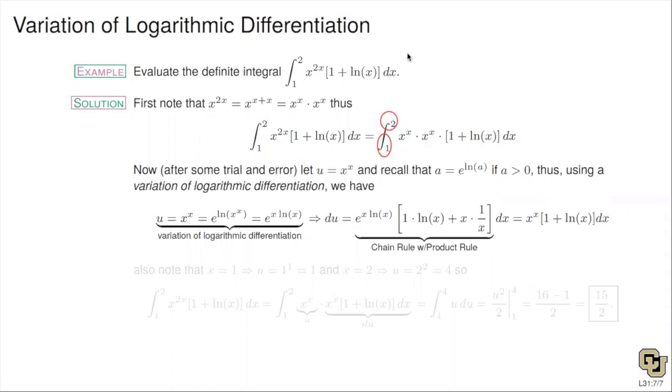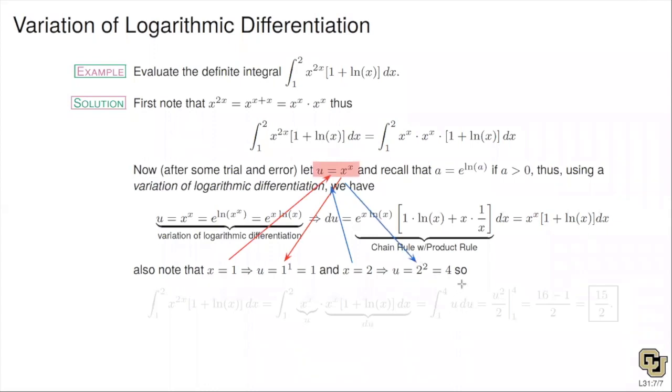These are in the x variable, we want them in the u variable. So using the substitution u equals x to the x, I can plug in x equals 1 and get the bound in terms of u. When x is 1, u is 1 to the 1, or just 1. And similarly, when x is 2, u is 2 to the 2, or 4.